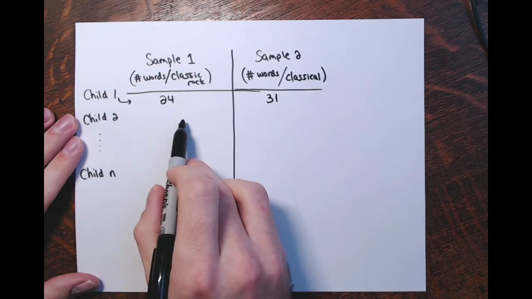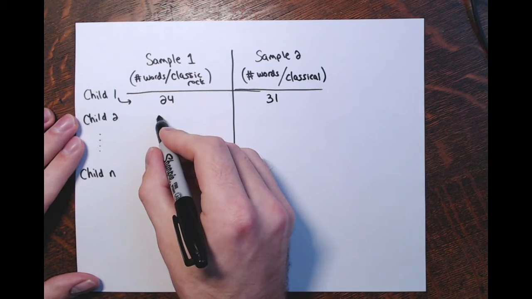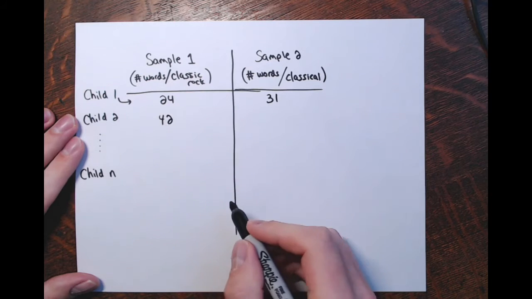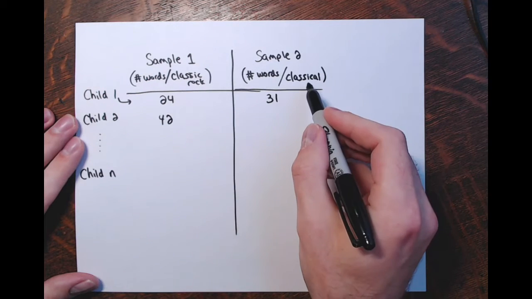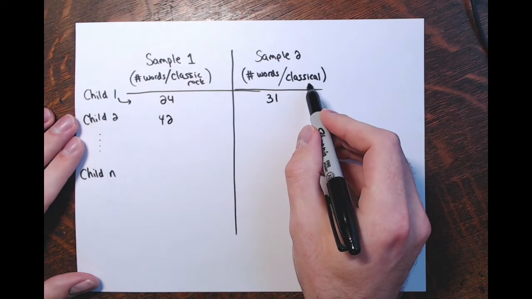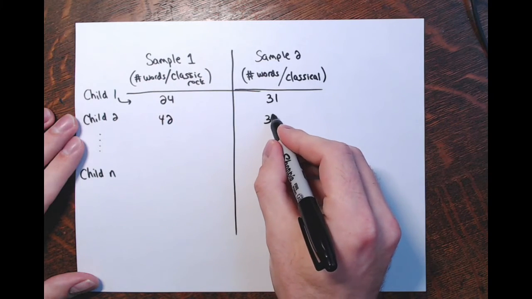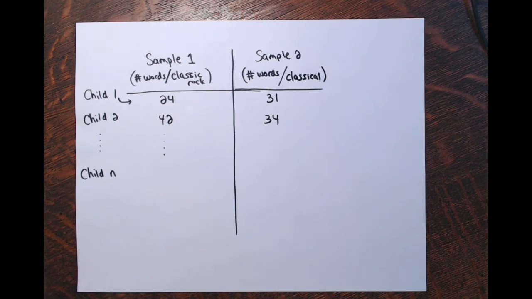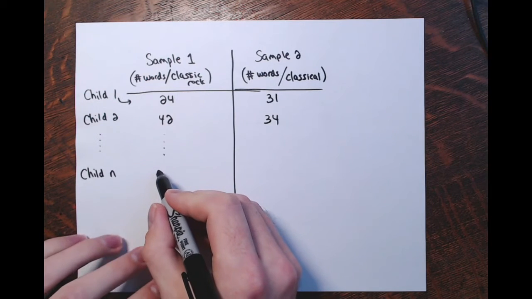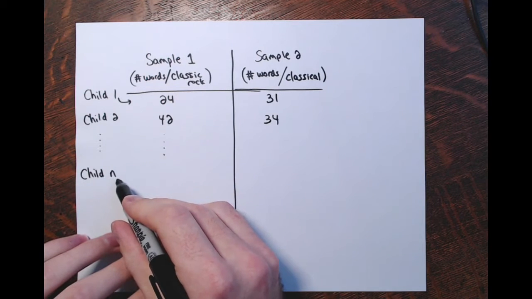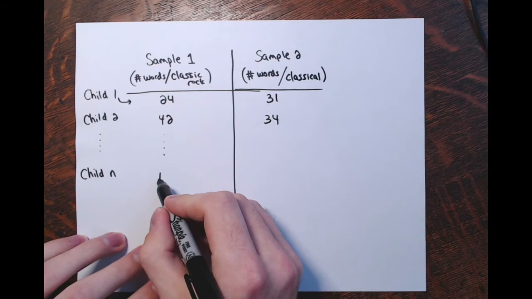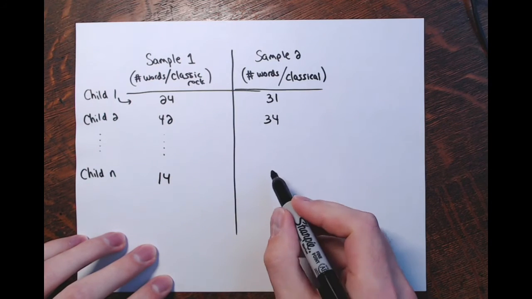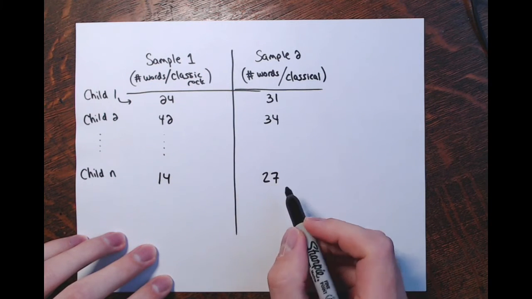And then for the second kid, after listening to classic rock, they remembered 42 of the words from the first list. And say after listening to classical music, they remembered 34 words from the second list. And the researcher is doing this for all n children in her sample. Say the nth child remembered 14 words on the first list, and then 27 words on the second list.